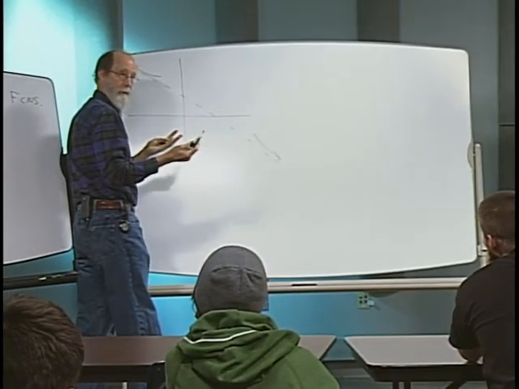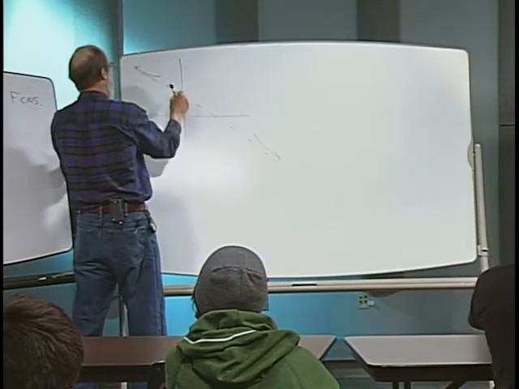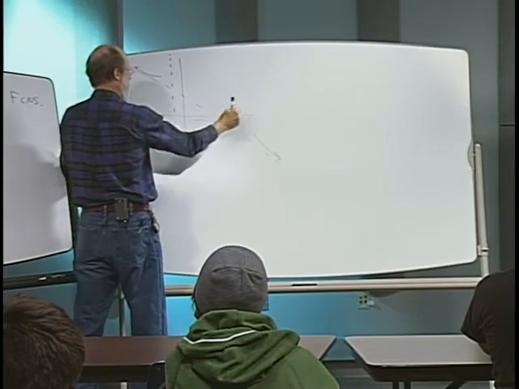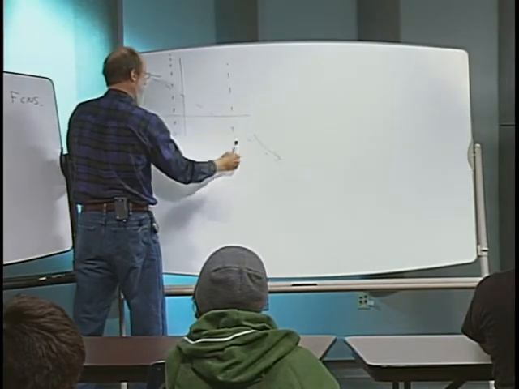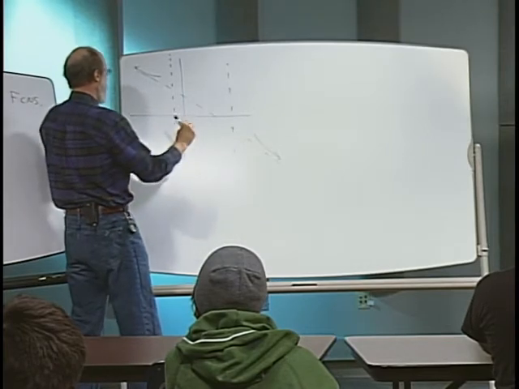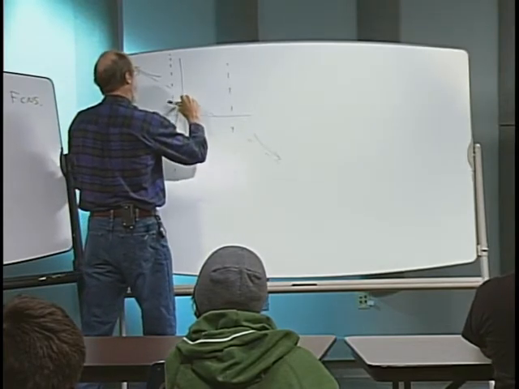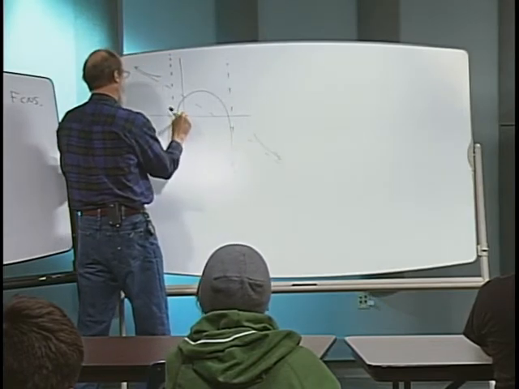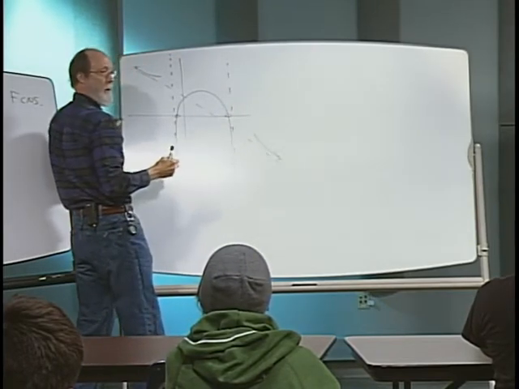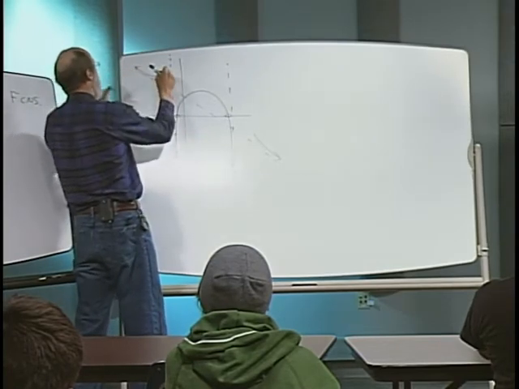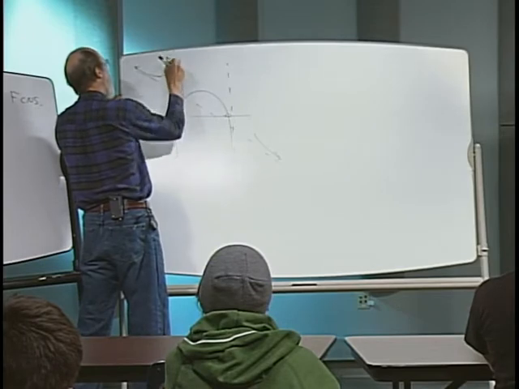It might have multiple vertical asymptotes. So I could put something that had a vertical asymptote in here, maybe like this, and maybe there's another one over here. And maybe the rational function looks something like this, graphically, where it's got some zeros here and here, and it's got some end behavior off to the left like this, and then maybe it sweeps up here like that.